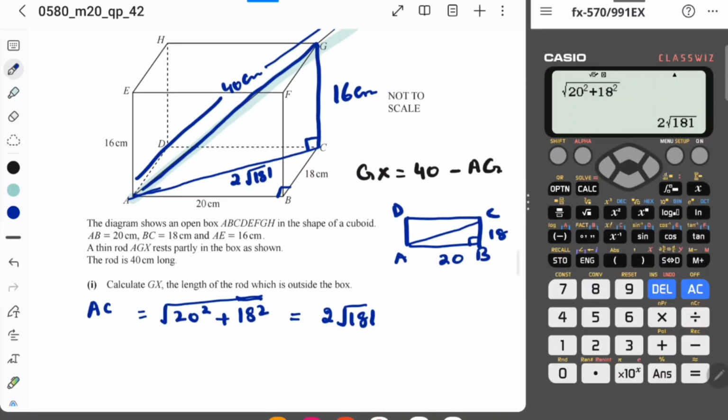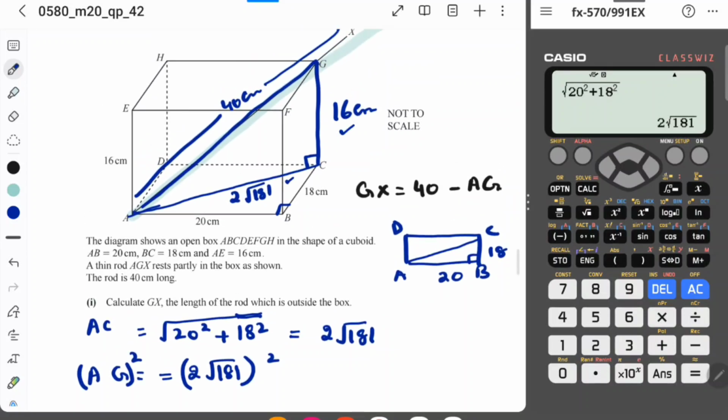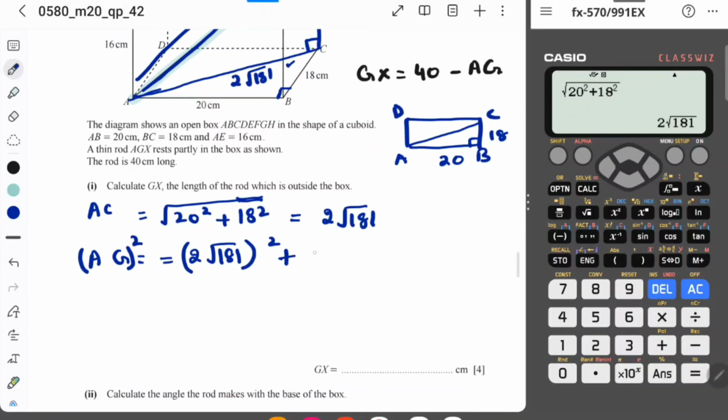So AG is again the hypotenuse. AG squared is equal to 2 square root 181 squared plus 16 squared.